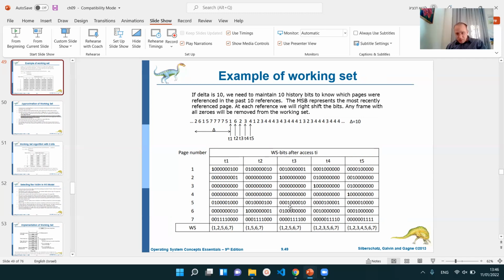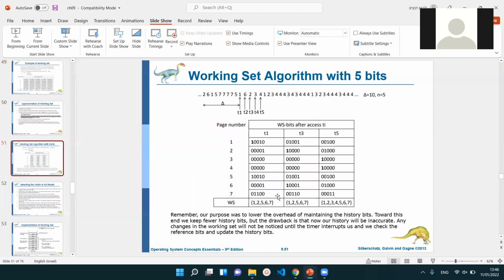Wait, but I found an interesting thing here because of your question. If I look at the correct history of 6, it says that it was used one time ago, and then backwards through the window, it wasn't used at all. Because this one, at time 2, it was used. But look over here at 6, there's a 1 here. Why is that? That's kind of the inaccuracy.